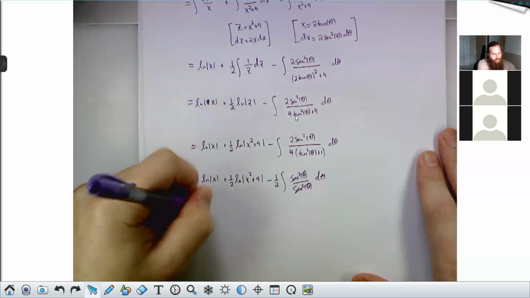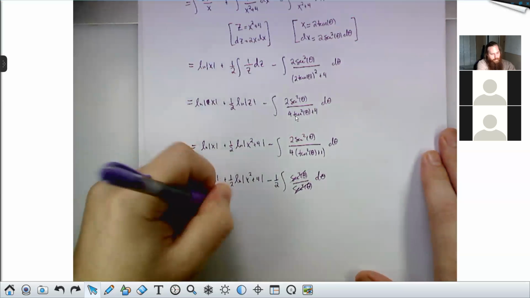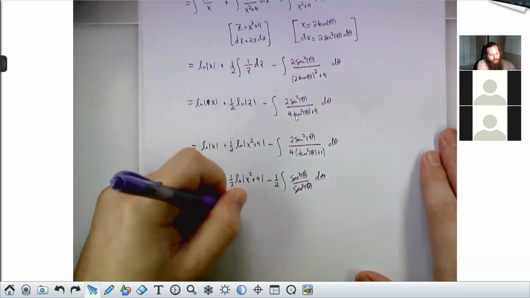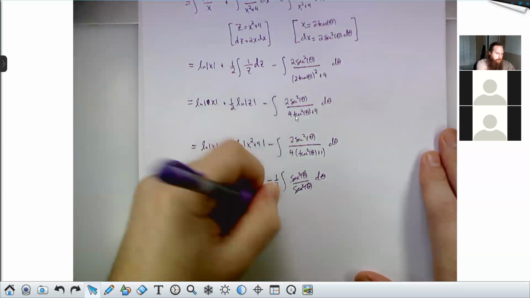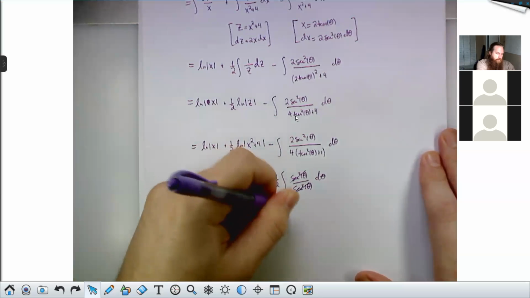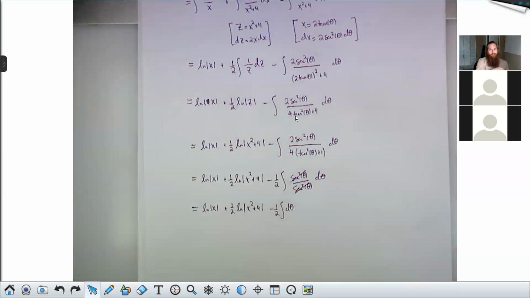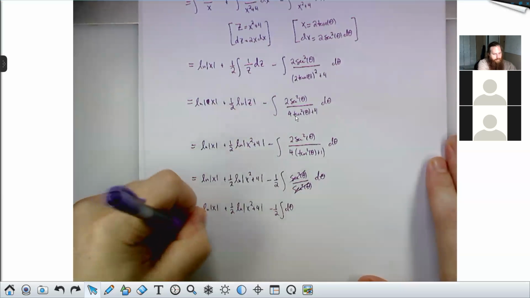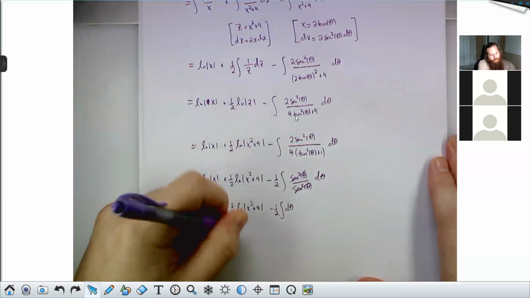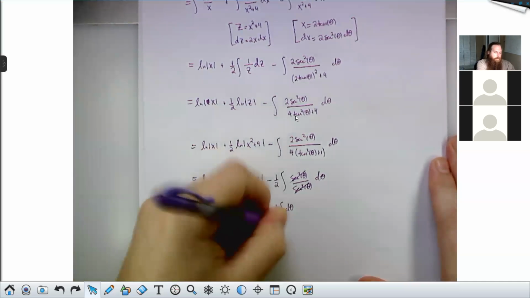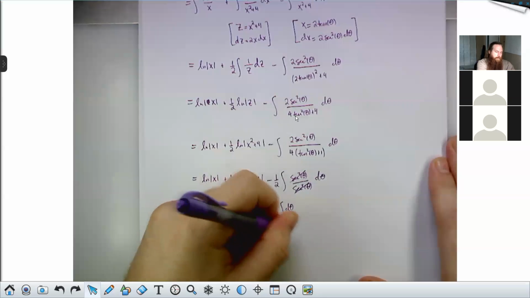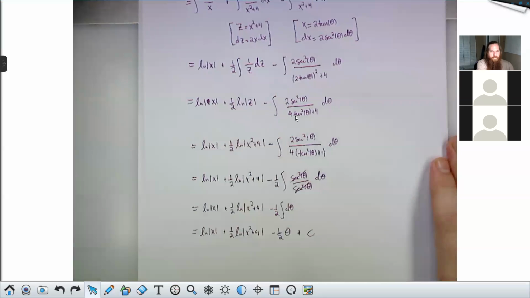So this is ln absolute x plus 1/2 ln absolute x squared plus 4 minus 1/2 integral d theta. So that's ln abs x plus 1/2 ln abs x squared plus 4 minus 1/2 theta plus a constant.